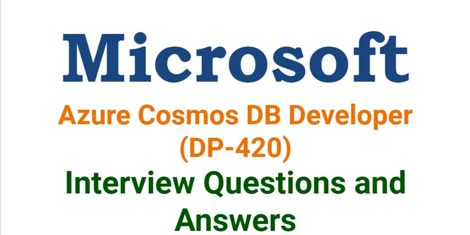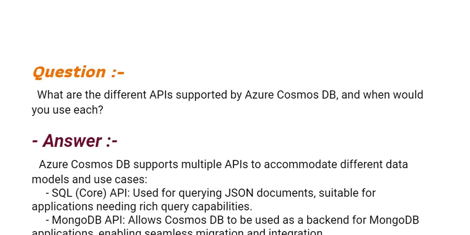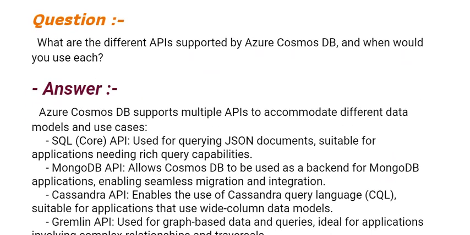Now here comes the advanced topics. The question is, what are the different APIs supported by Azure Cosmos DB, and when would you use each? Your answer should be, Azure Cosmos DB supports multiple APIs to accommodate different data models and use cases.